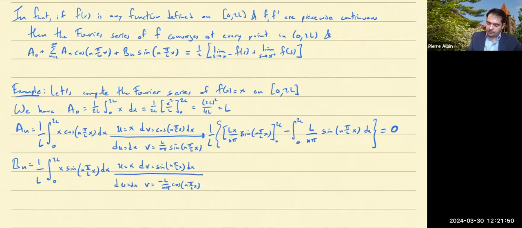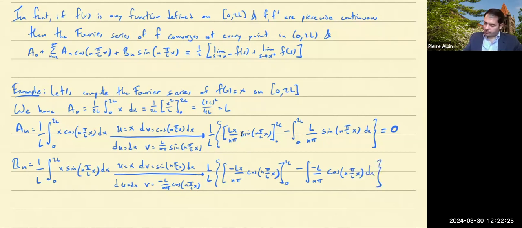So that means we have 1 over L times u times v, so that would be minus Lx over n pi times cosine of n pi over L x evaluated at 0 and 2L minus the integral of L over n pi of minus L over n pi cosine of n pi over L x dx.